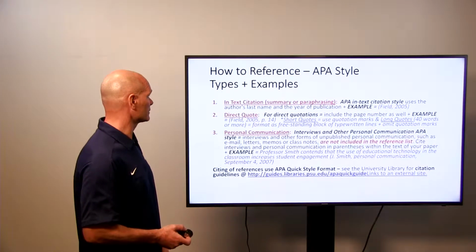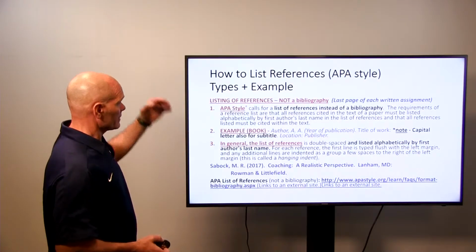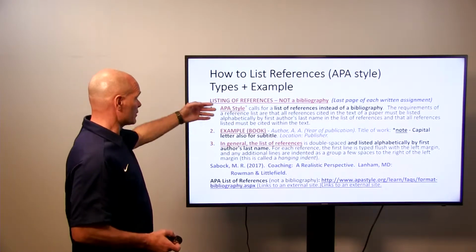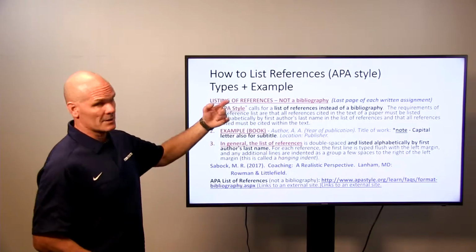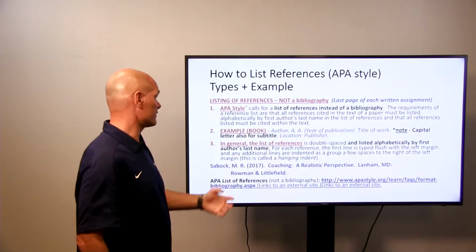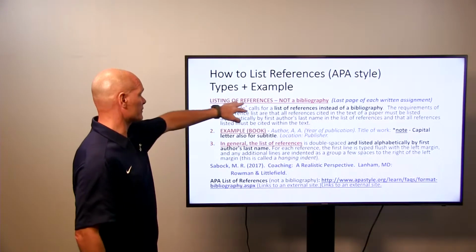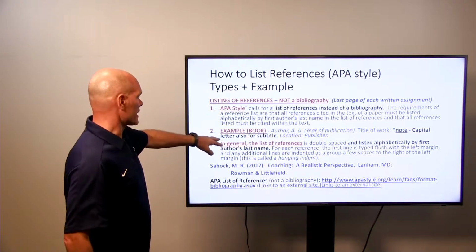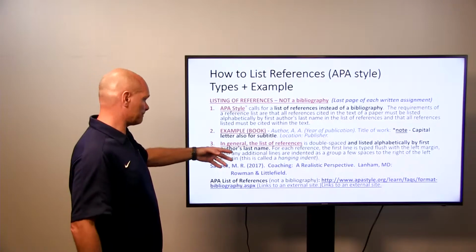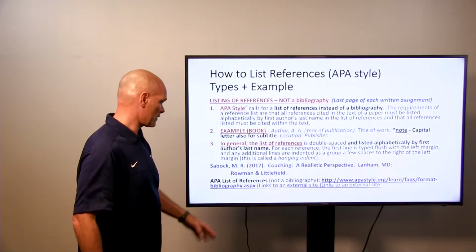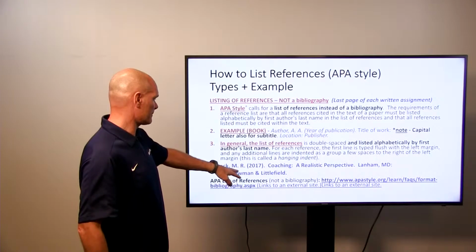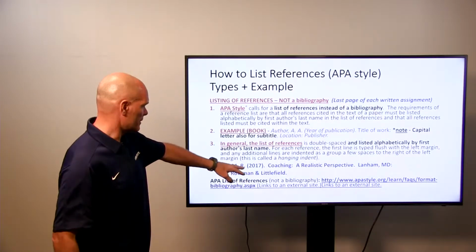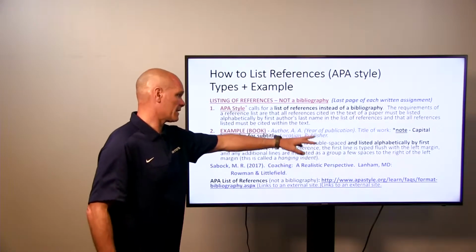At the end of every assignment, you need to do a list of references. What's important with the APA style is that it is not a bibliography, it's a list of references, so that should be the header for that. Second thing, when you're doing a book, for example, you want to do the author's last name, initials, the year of the publication, then the title of the book.